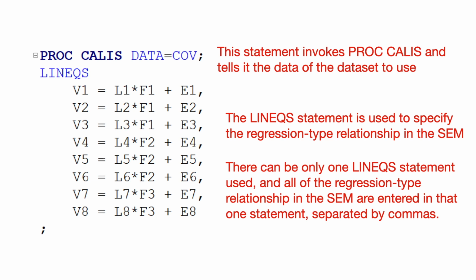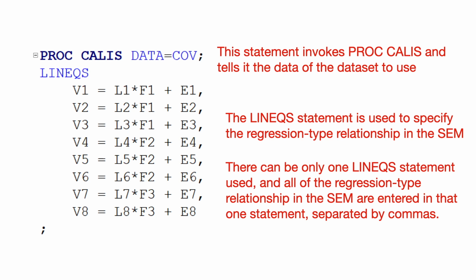Now, there can only be one LinEQS statement in a PROC CALIS invocation, and all of the regression type relationships in the SEM are entered in that one LinEQS statement. And the different equations are separated by commas.